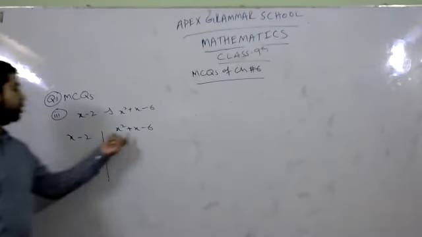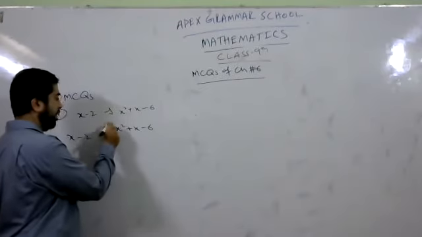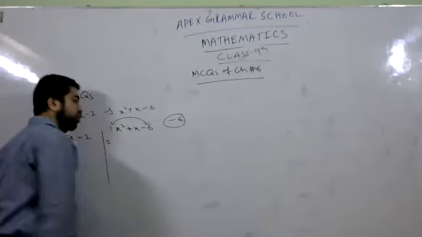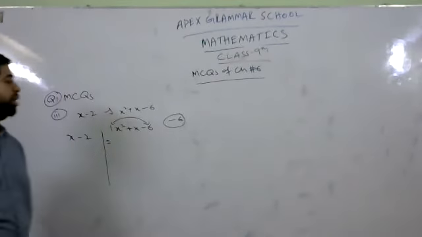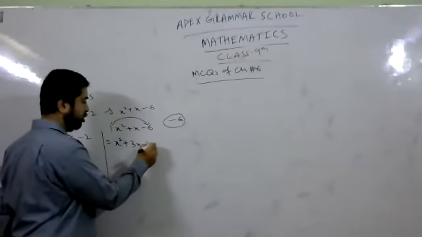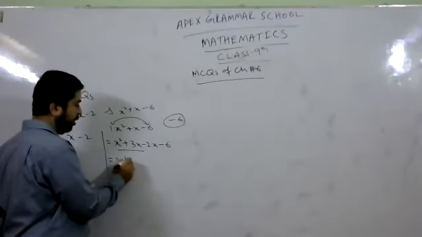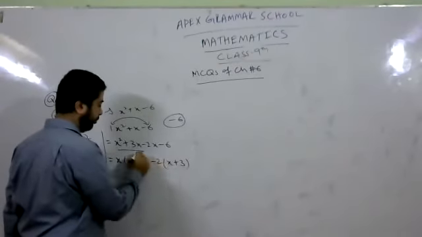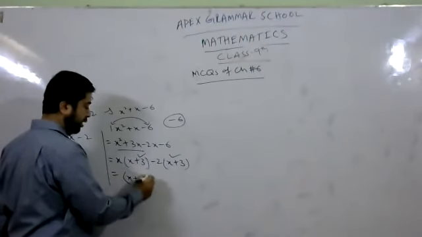We can do it through middle term breaking. 1 multiplied by minus 6 will make minus 6. You need a pair of numbers whose product is minus 6 and whose sum is plus 1. So 3 and minus 2: x² plus 3x minus 2x minus 6. x will be common, x plus 3, and minus 2 will be common, x plus 3. So x plus 3 and x minus 2.